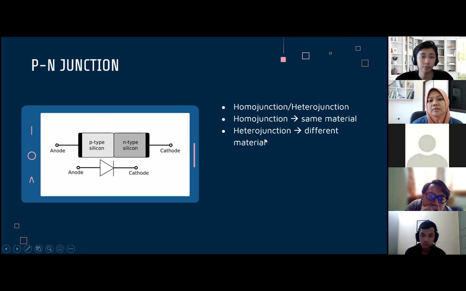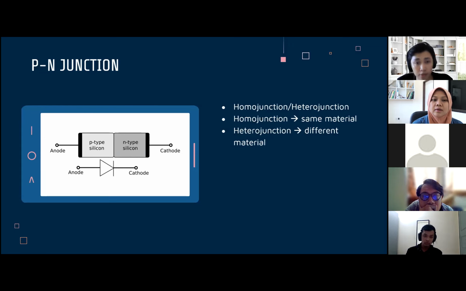Before that, there are two types, which are homojunction, which is the same material as we can see in the figure, both using silicon but different types, P type and N type. And the second is heterojunction, which I will explain more after this.